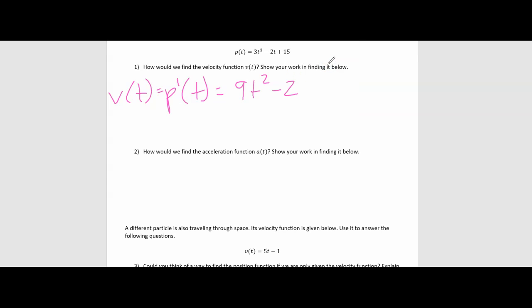Acceleration function, well, that is just the derivative of the velocity function, which is equal to the second derivative of the position function, which in this case is 18t. So again, just reviewing those relationships between position, velocity, and acceleration when we're talking about derivatives.